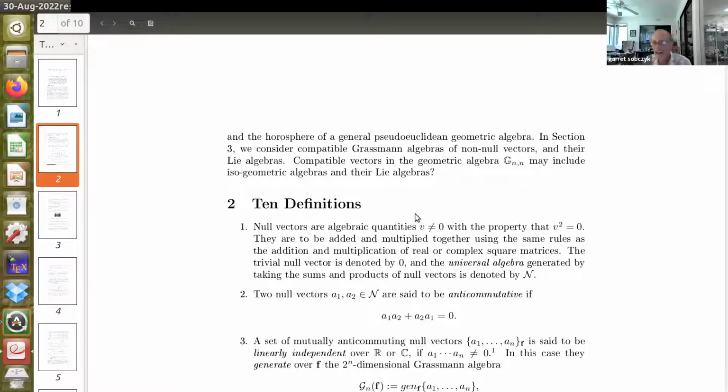Well, don't think about it as an inner product. I haven't defined an inner product yet, but just a new algebraic quantity which has the property V squared is equal to 1. That's a hyperbolic unit quantity. And so 0 is the unit, the additive unit in the algebra.